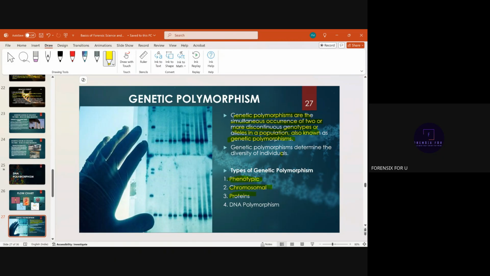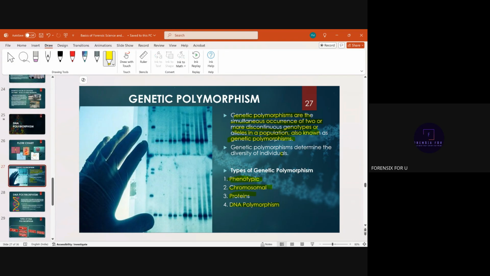The proteins translated during DNA replication, transcription, translation can be polymorphic, because of which, for example, somebody can eat sugar without worrying about diabetes, and somebody who is not into sugar has a constant fear of diabetes. So this protein translating polymorphism is also there. And last but not the least, what we are studying in forensics is DNA polymorphism. So there are four aspects of genetic polymorphism.